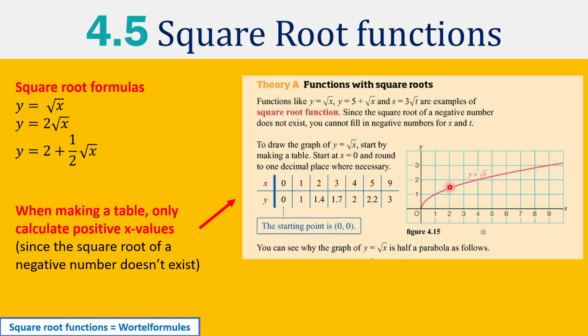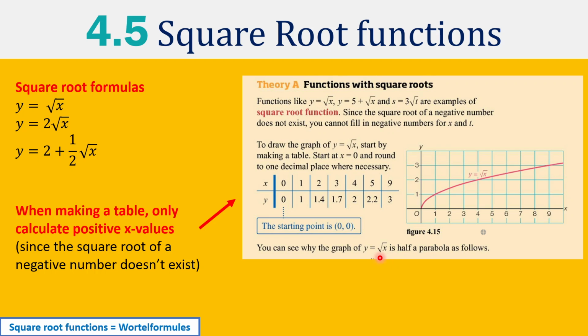The computer can do that very accurately. I would plot (4,2) because the root of 4 is 2. So that's this point, (4,2), and (9,3), which is right here. And then make a smooth curve out of that line. You can see why the graph of y equals root x is half a parabola.